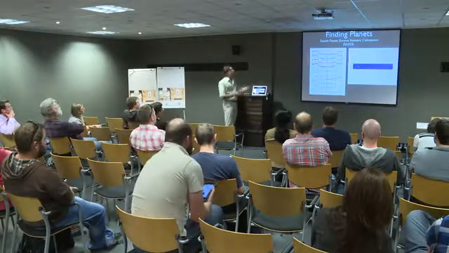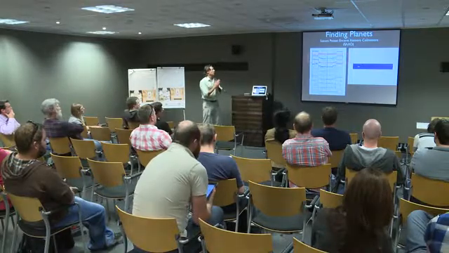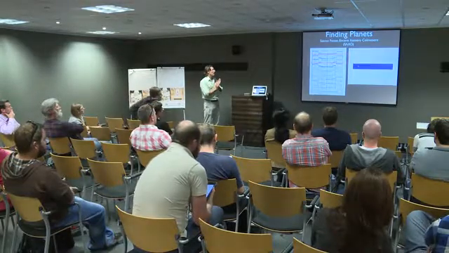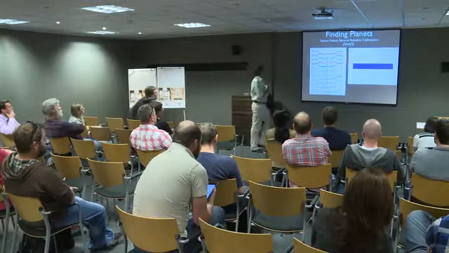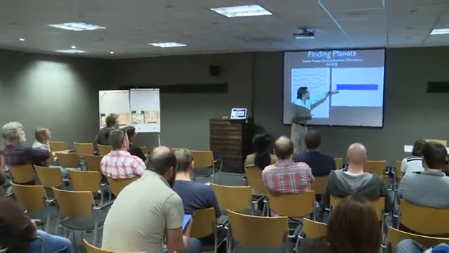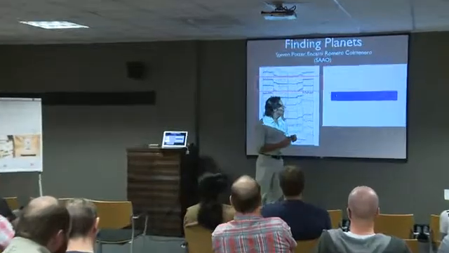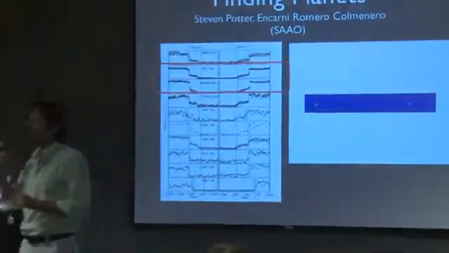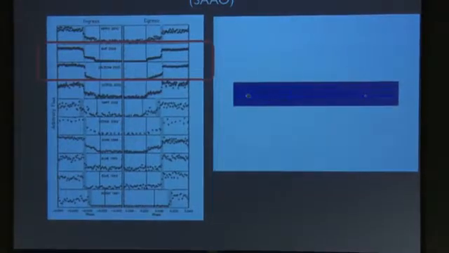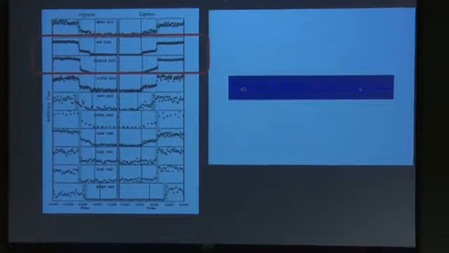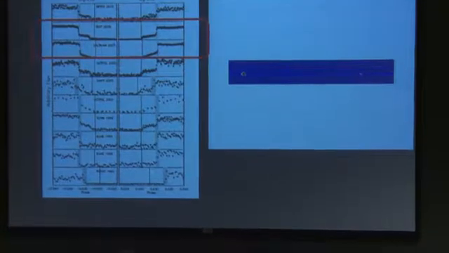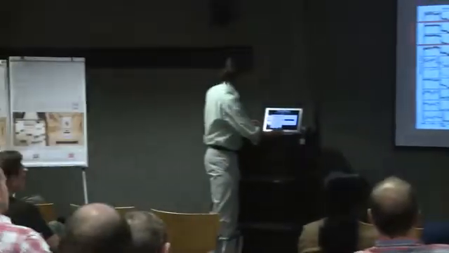One example of using this is by Steve Potter and Encarni Romero Colmenero at SAO. Here you can see an example of this. If you watch the star over here, you should be able to see it get fainter and then get brighter. What you're watching is a star which is being eclipsed by another star which is orbiting around it.